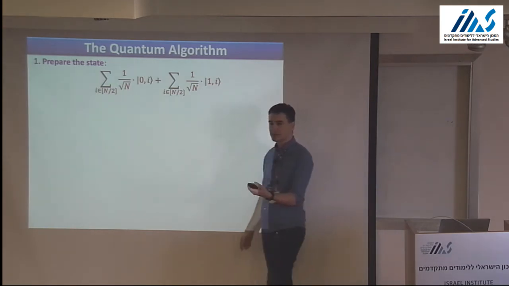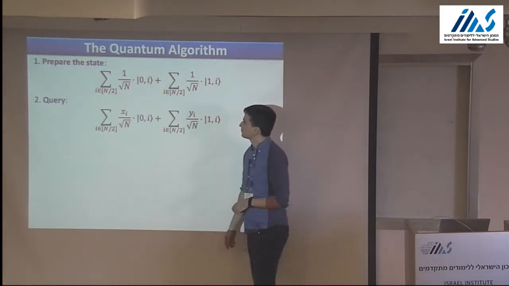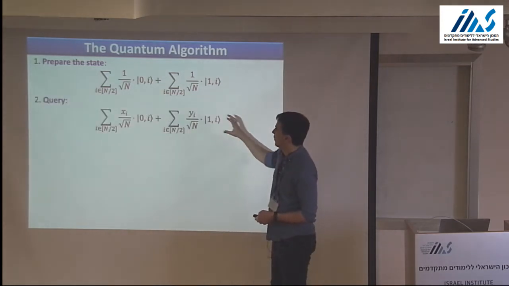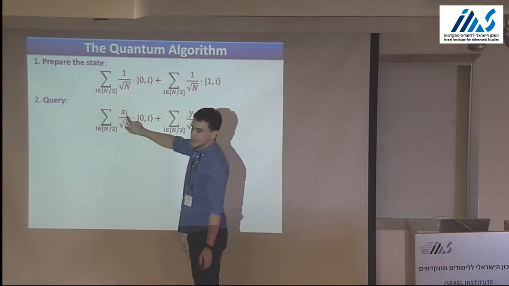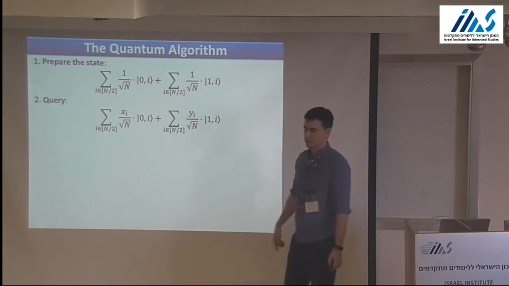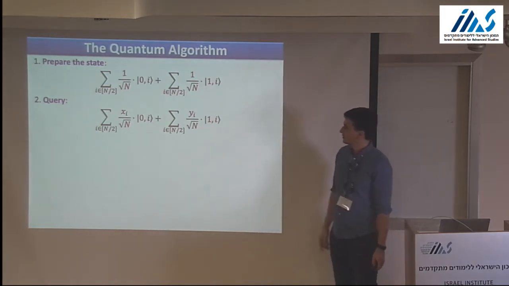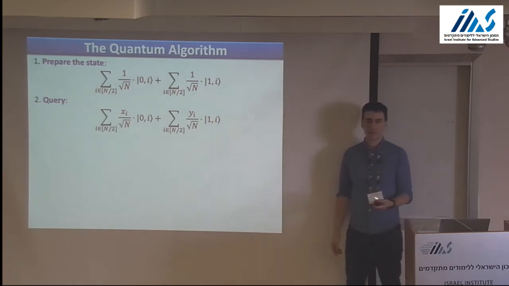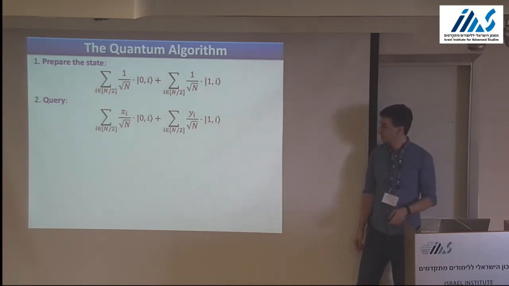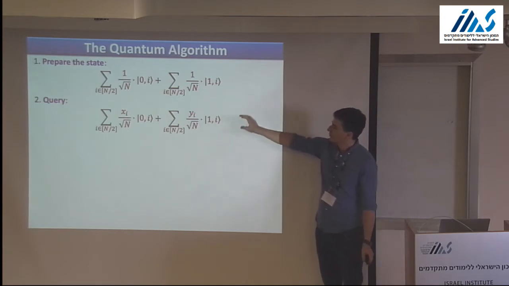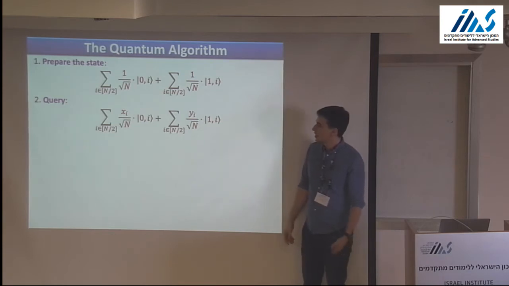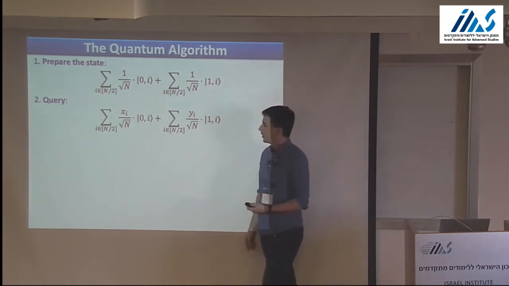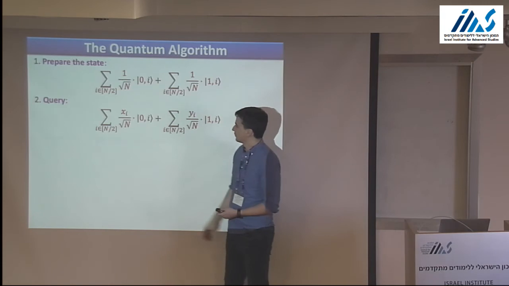We are in this model where we can apply this query oracle, and this just multiplies this state with xi and this state with yi. This was the oracle model that I talked about a little bit yesterday, and it's also the same as the oracle model that Adam introduced. So with just one query to the input oracle, we get from this state to that state, and now what do we do? We apply the Hadamard on this part of the state.